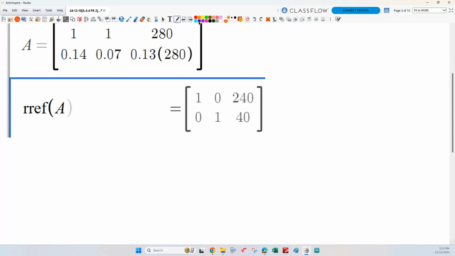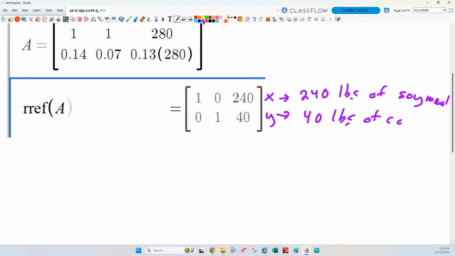So that's X. We're going to have 240 pounds of soy meal. And this is Y, so it's telling me 40 pounds of cornmeal, right? Everybody see that? Okay, so I want you to go try one of these now.